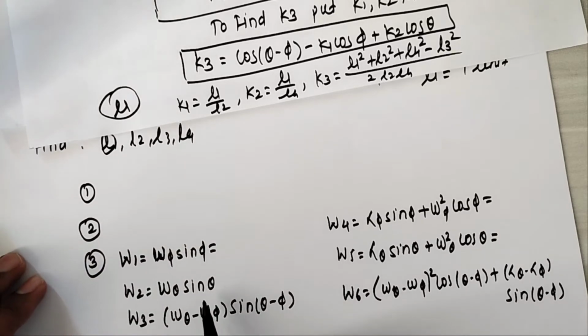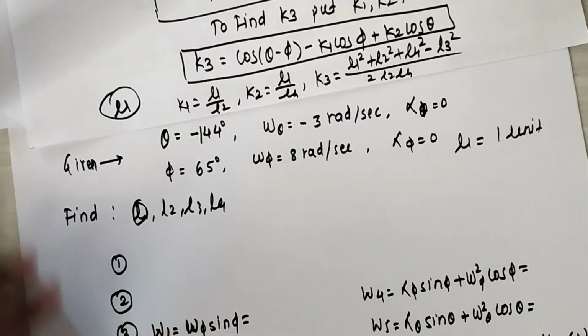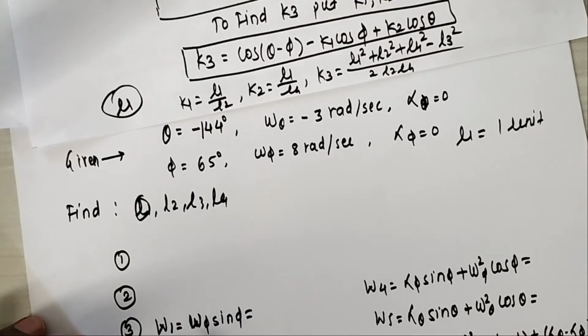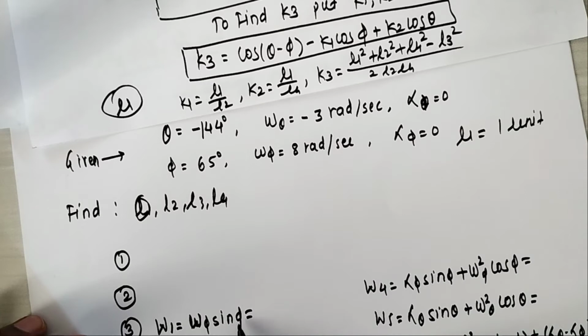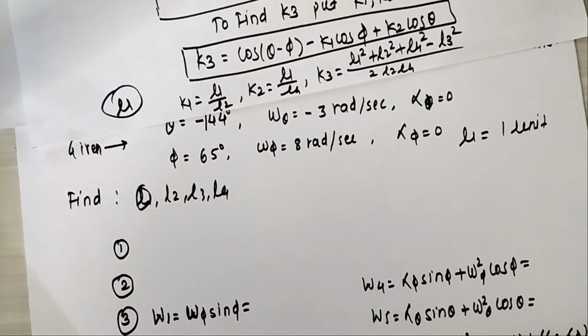So let's calculate these values using a calculator. You can check here what the given data is. Omega phi is known to us, it is minus 3 radian per second. So let's calculate it using the calculator. Omega phi is minus 3 into sine phi. Phi is minus 144.